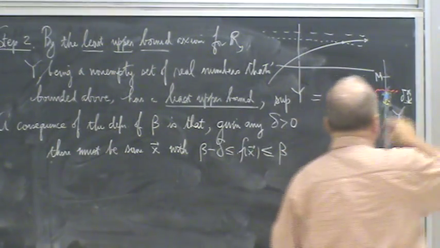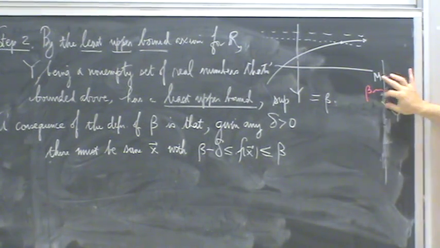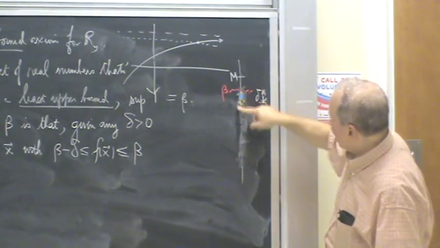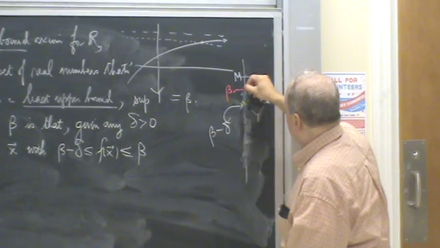So you specify a distance delta, and I guarantee you that I can find function values that are less than that distance away from beta, between beta minus delta and beta.